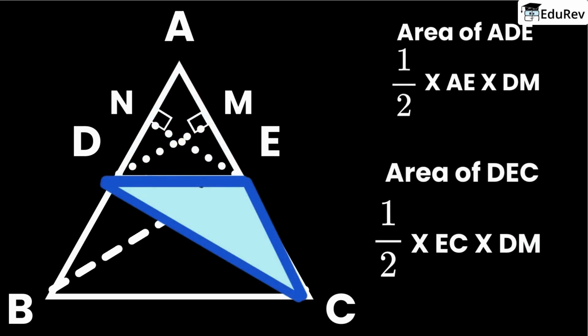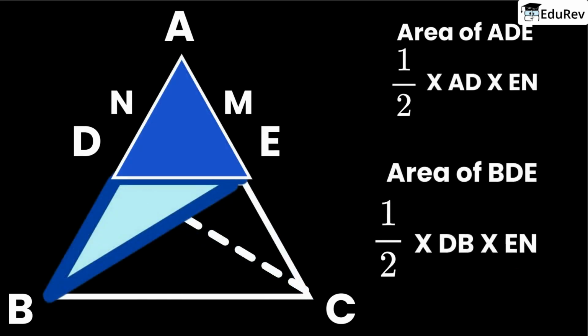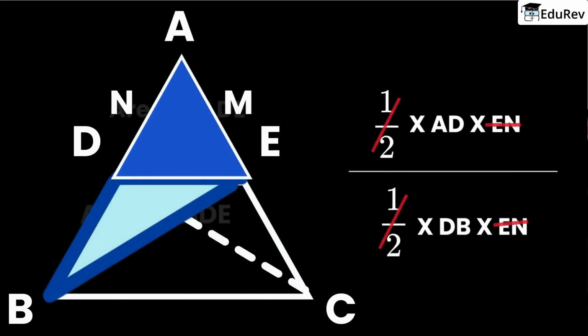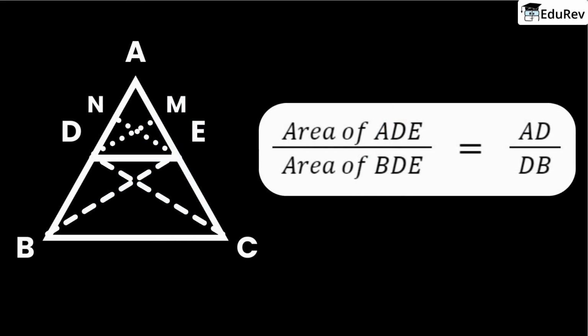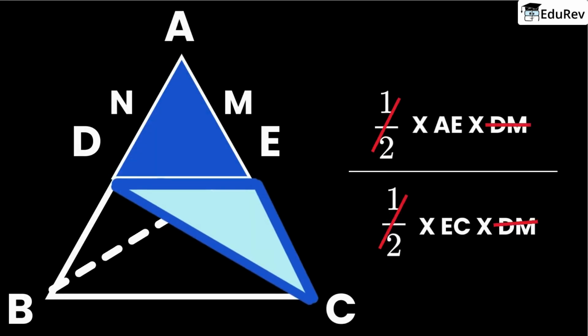Area of triangle DEC is equal to half into EC into DM. Area of triangle ADE upon area of triangle BDE is equal to AD upon DB. Area of triangle ADE upon area of triangle DEC is equal to AE upon EC.